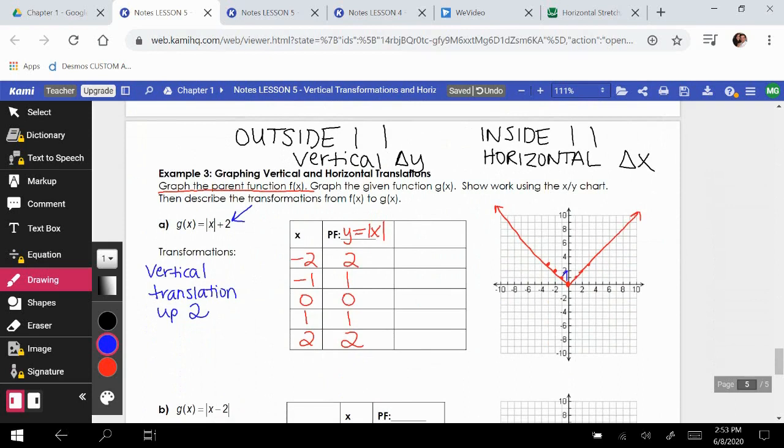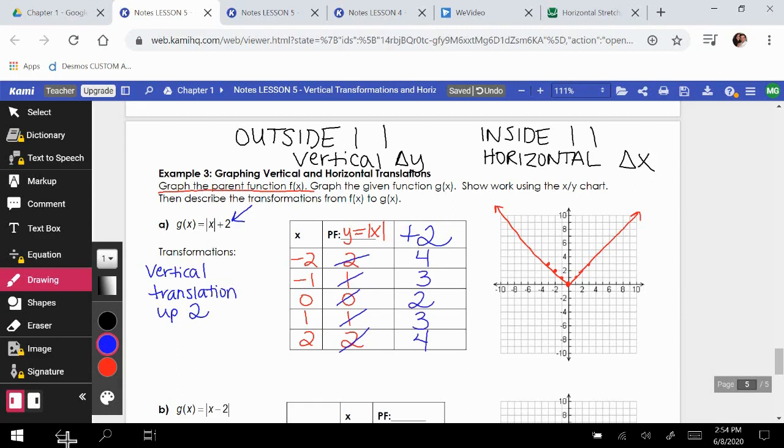Like if I want every one of these points to move up 2, what am I going to have to do to my y values if I want them to move up? Add 2. You're right. Okay, so 2 plus 2 is 4, 1 plus 2 is 3, 0 plus 2 is 2, 1 plus 2 is 3, and 2 plus 2 is 4.